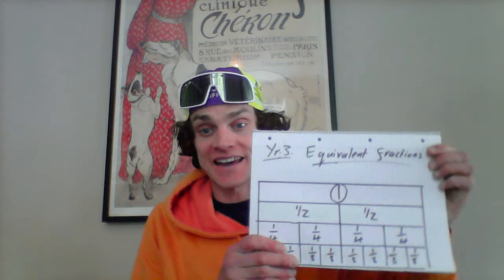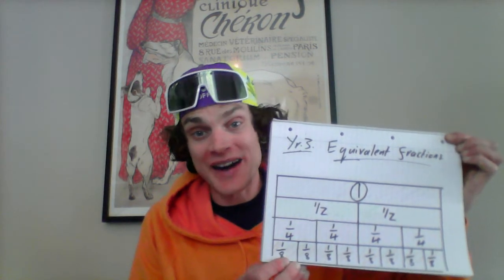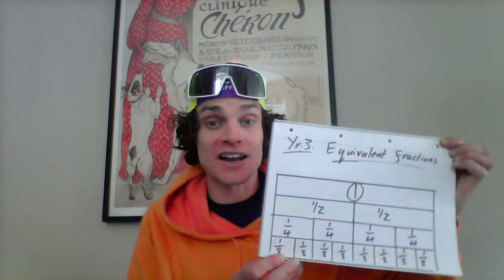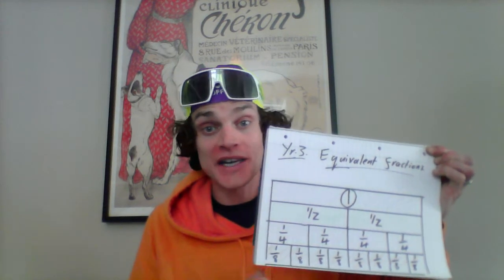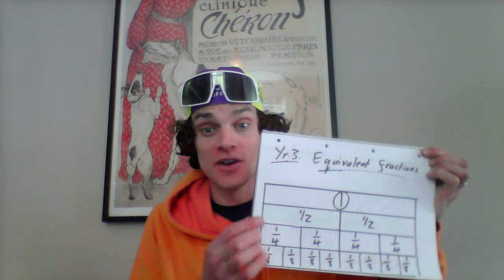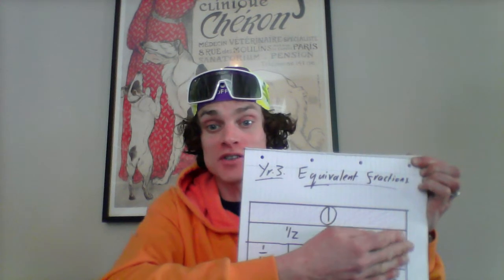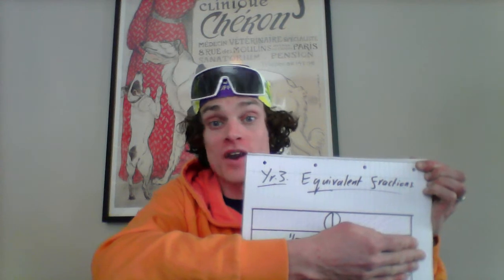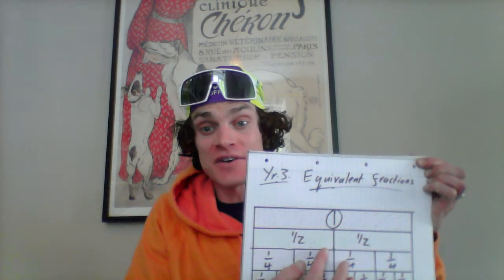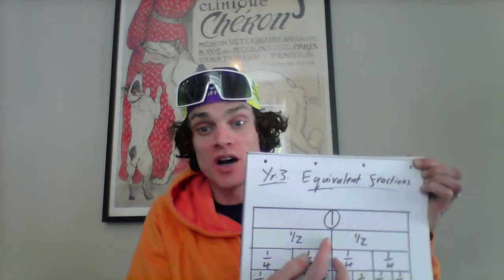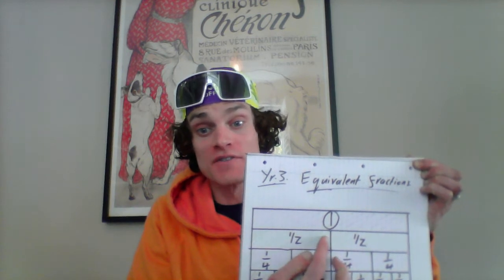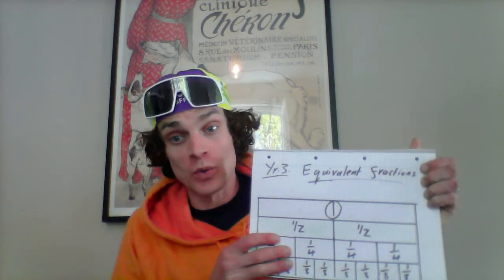So we have here a very well drawn fraction wall that may be seen in classrooms all around the country, if not the world. At the top we have our whole. If we covered all of that, we have just about one whole. Then we go down a level, we have two halves. So the two halves make a whole.